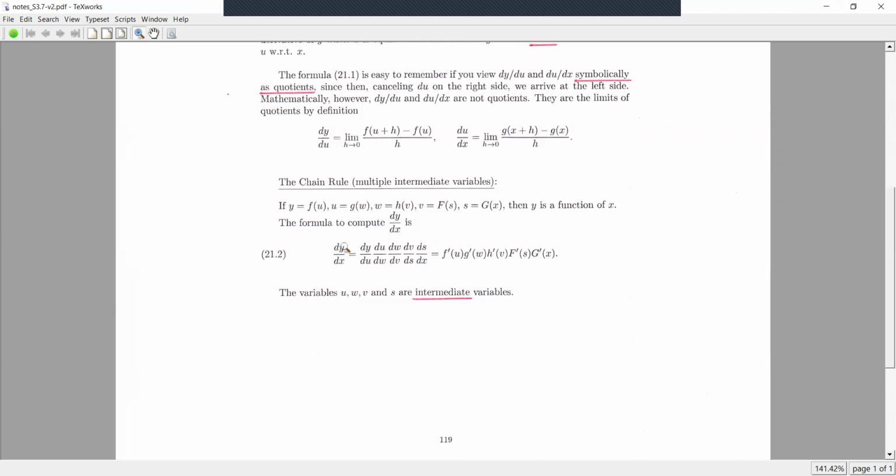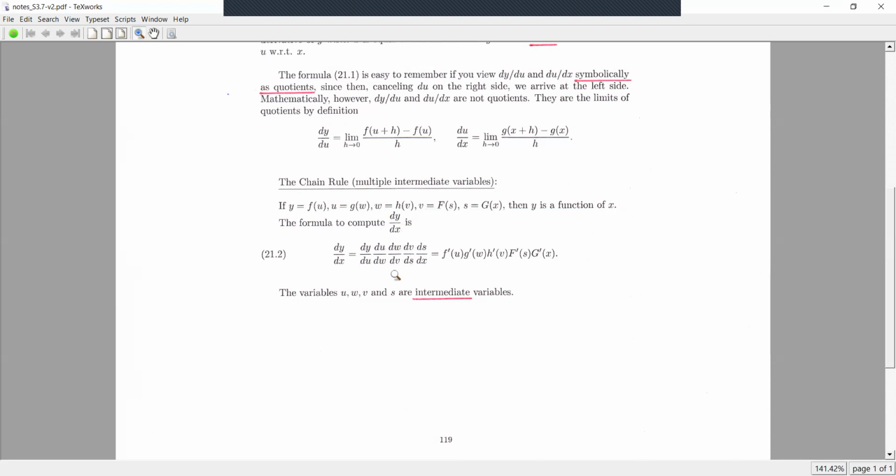The formula is dy/dx is equal to dy/du, the derivative of this function, times du/dw, the derivative of this function, times dw/dv, the derivative of this function, times dv/ds, the derivative of this function, times ds/dx, the derivative of this function.